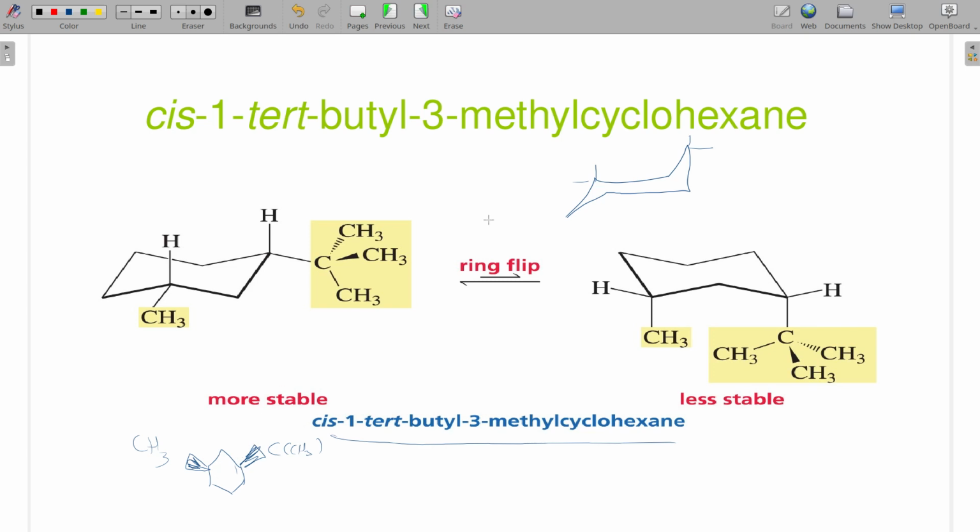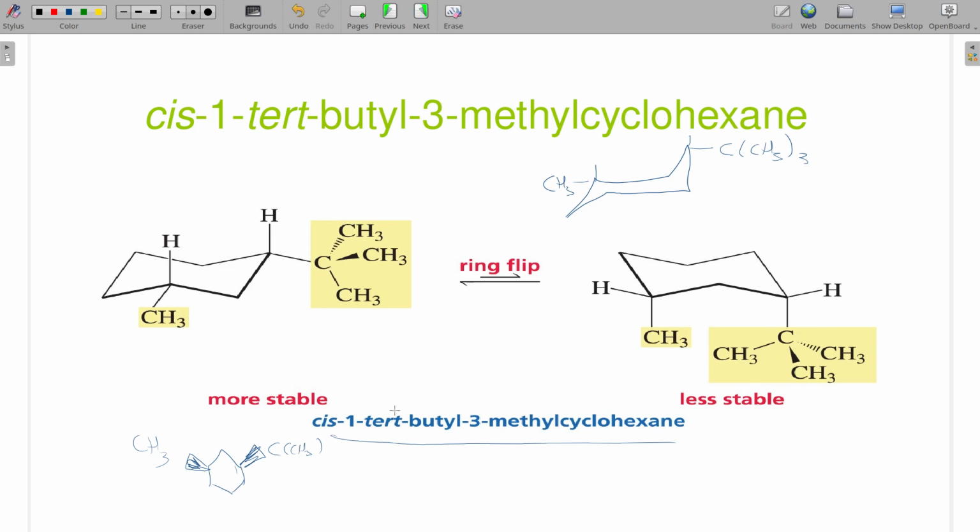But I'm going to draw them both down because that puts this tert-butyl group equatorial. And we know we want the tert-butyl group equatorial. So I'm drawing this down, therefore I'm going to draw the CH3 down, so it's here. So cis, 1-tert-butyl, 3-methyl cyclohexane has both of those groups equatorial.